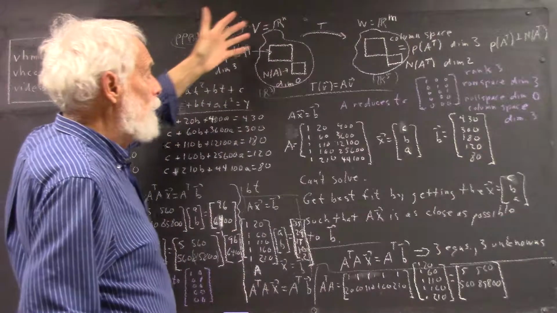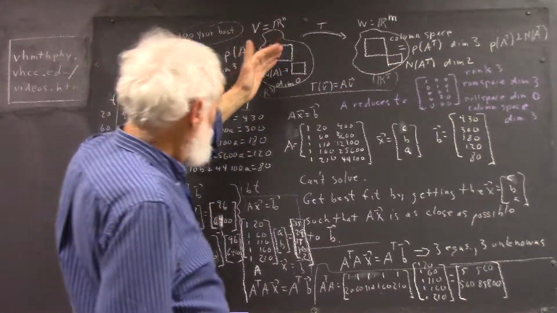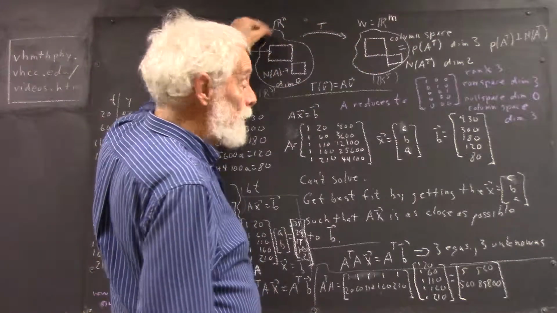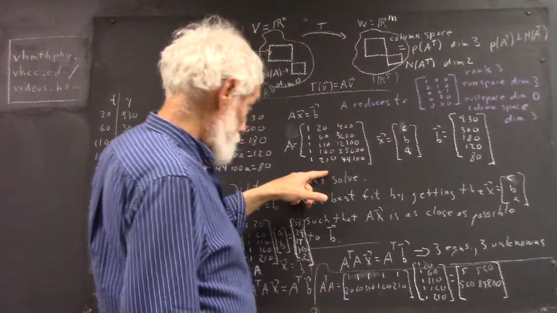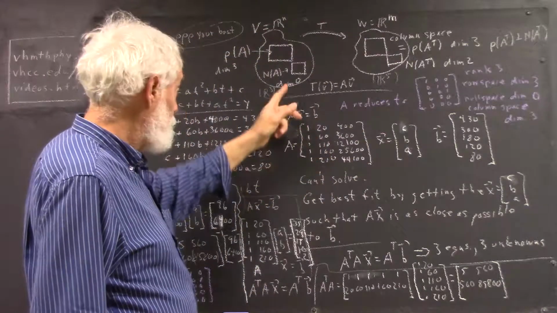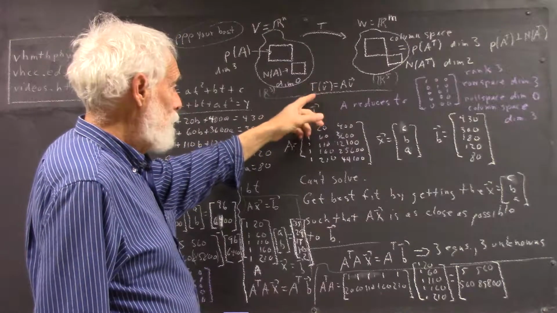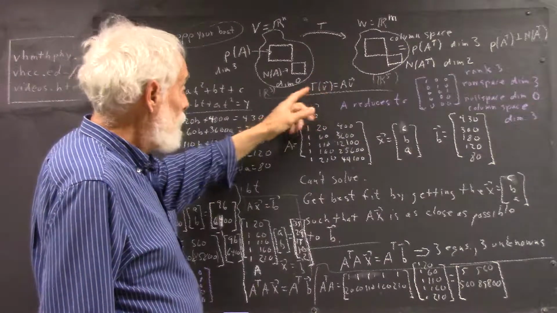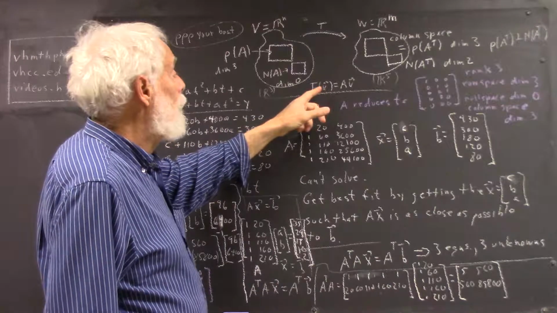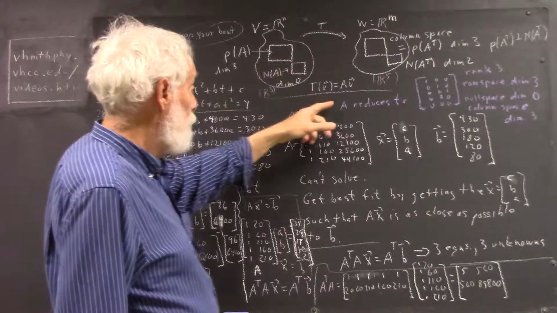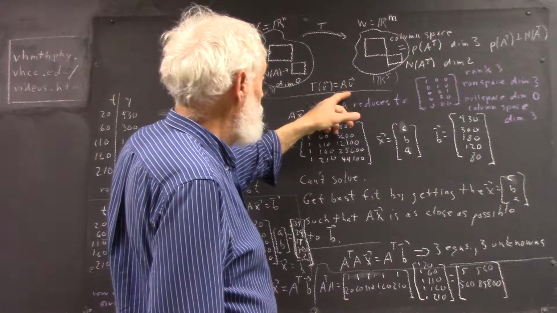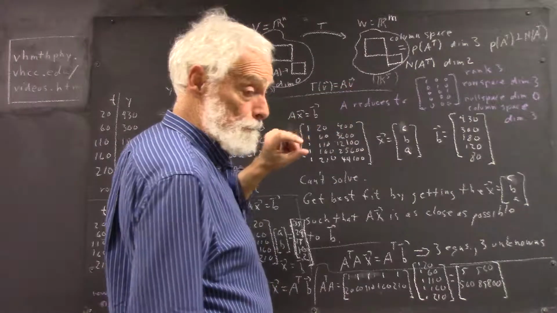Now, when I draw these subspaces, I'm assuming you have a transformation from this space to this space by this matrix, and the transformation is defined as follows. The transformation applied to a vector V over here is what you get when you multiply this matrix by V. Okay?